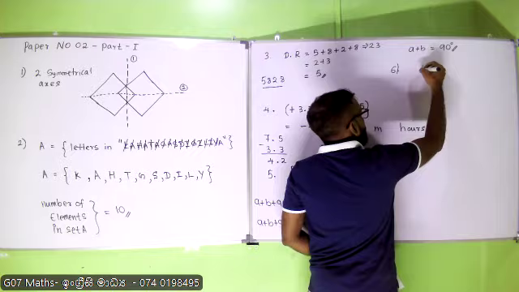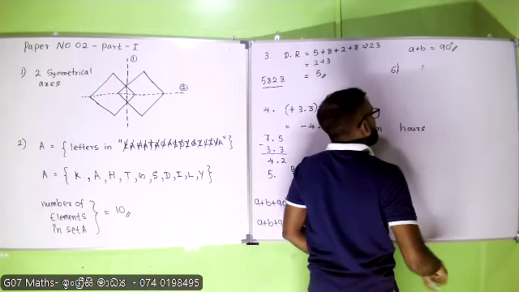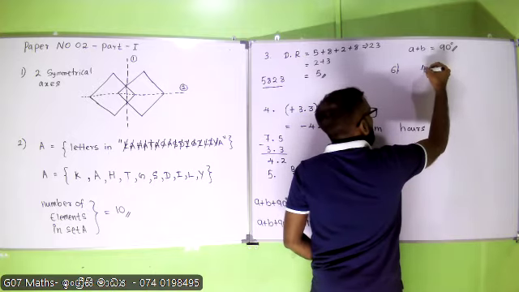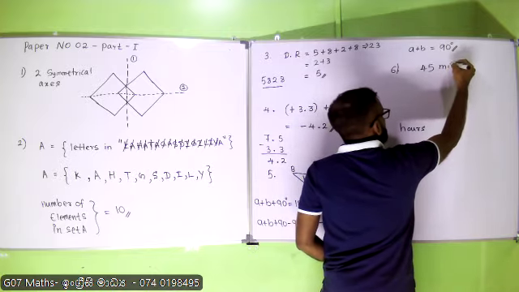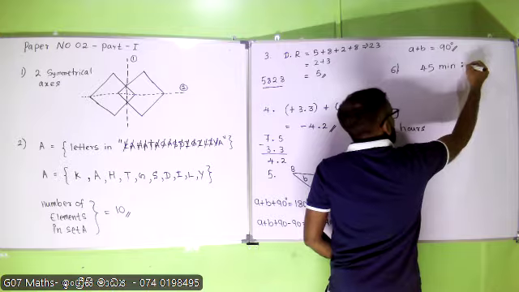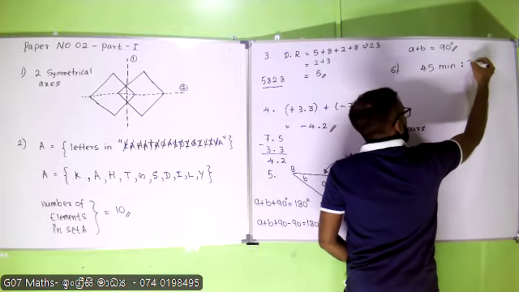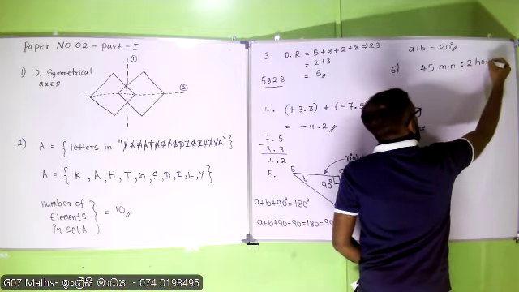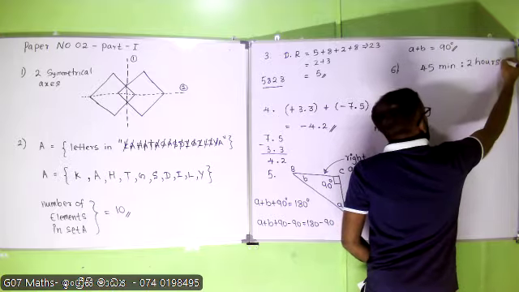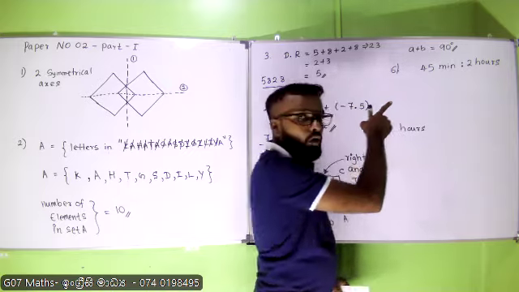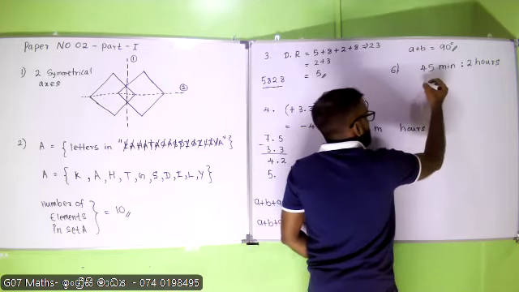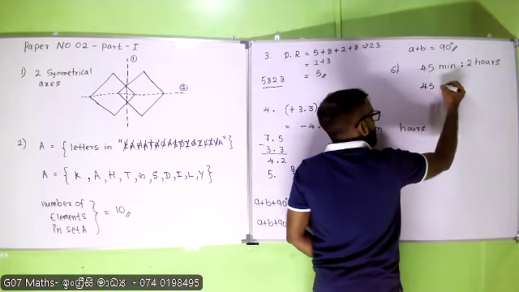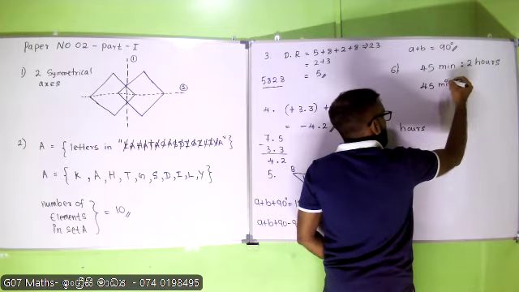So we have here 45 minutes, and here we have 2 hours. Now I'm going to convert that 2 hours into minutes, so the same unit should be there. 45 minutes.